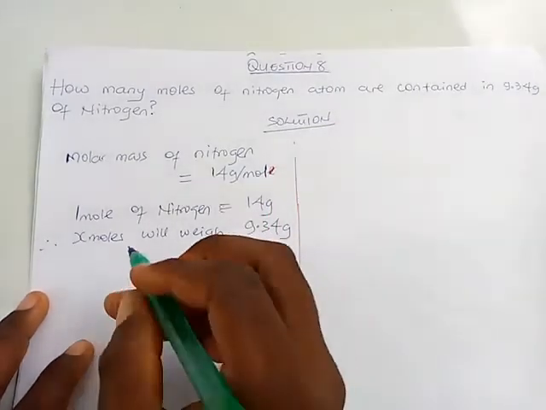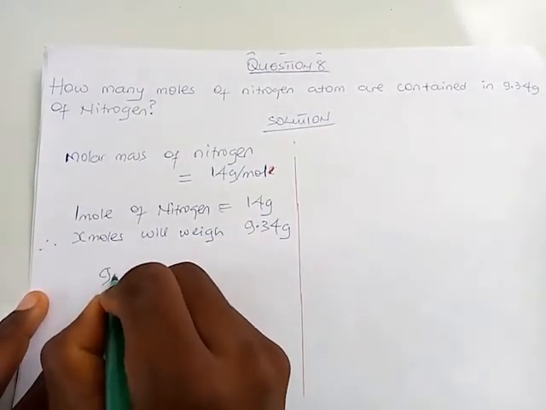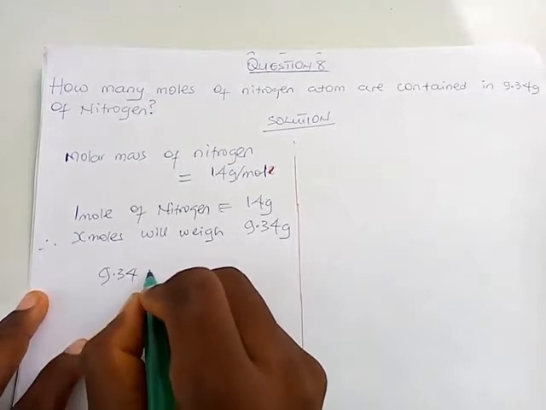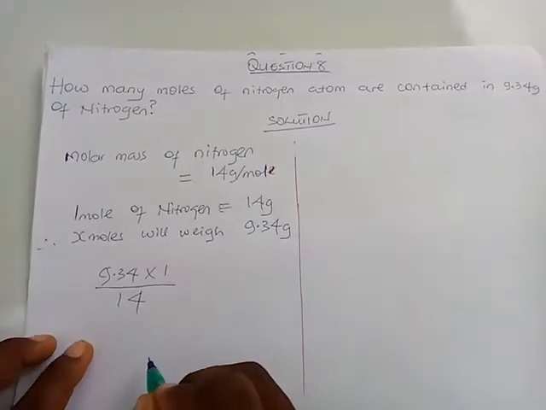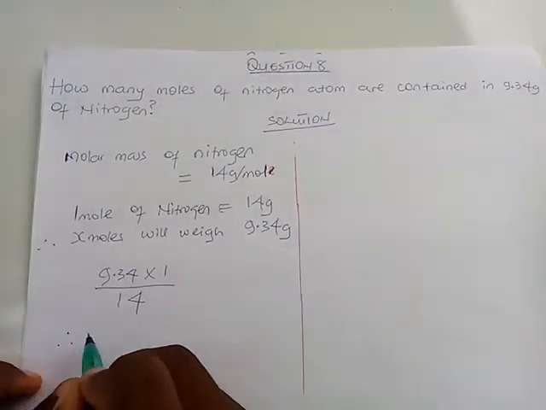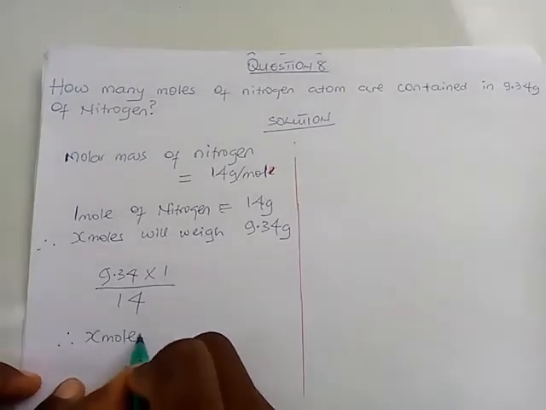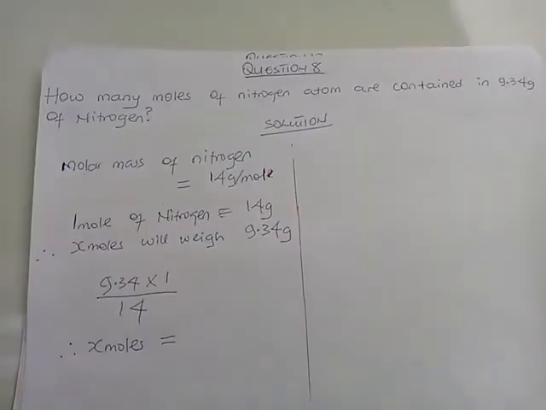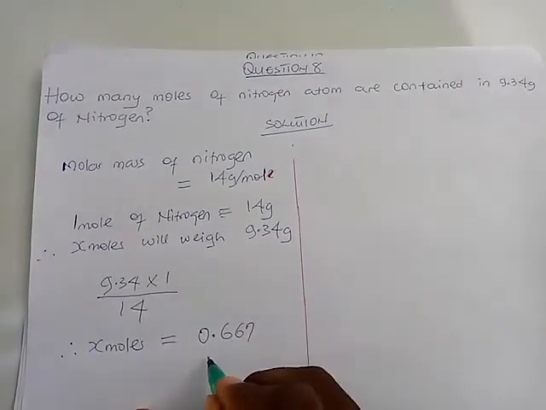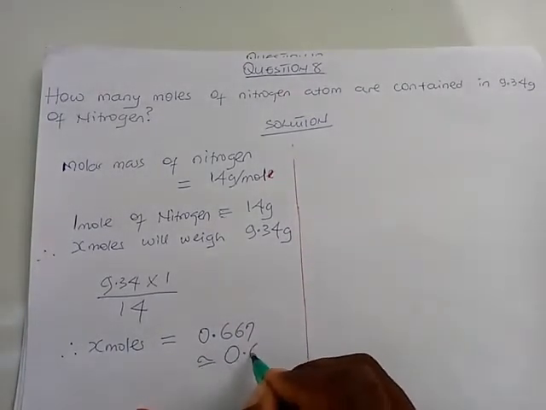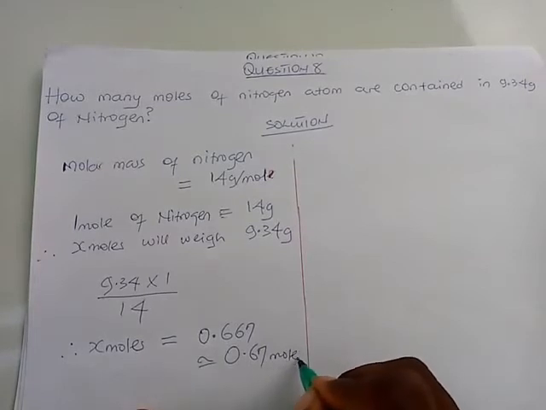So I will have 9.34 times 1 all over 14. Therefore, x moles is equal to 9.34 divided by 14. That is 0.667, which is approximately 0.67 moles.